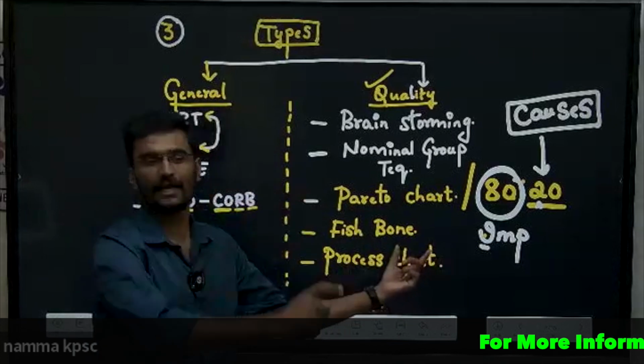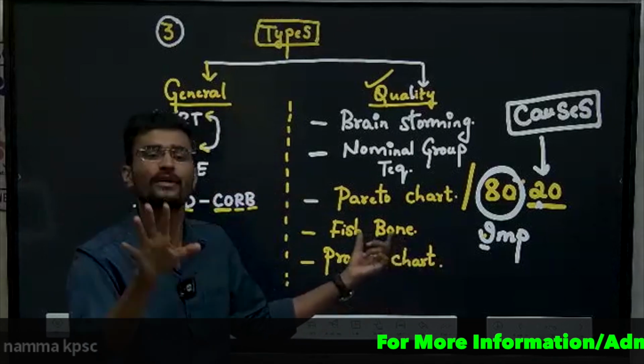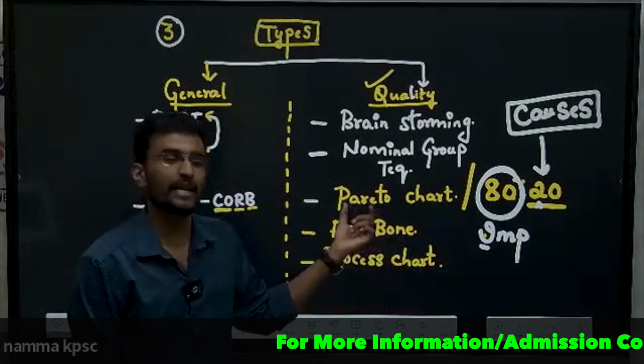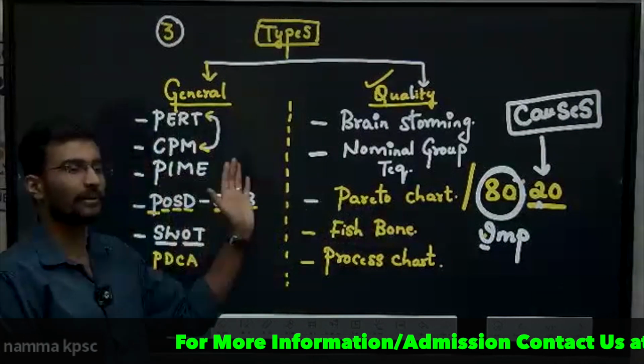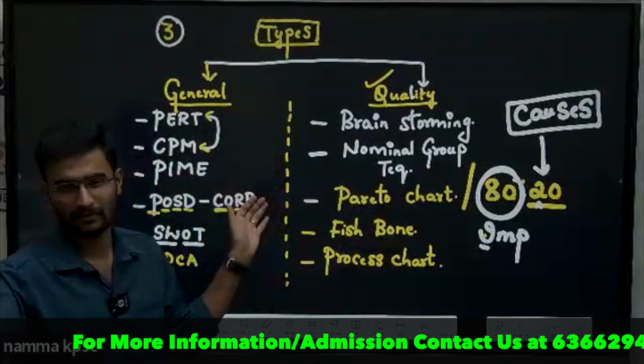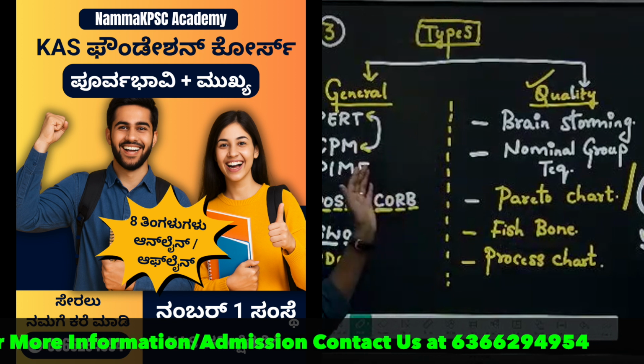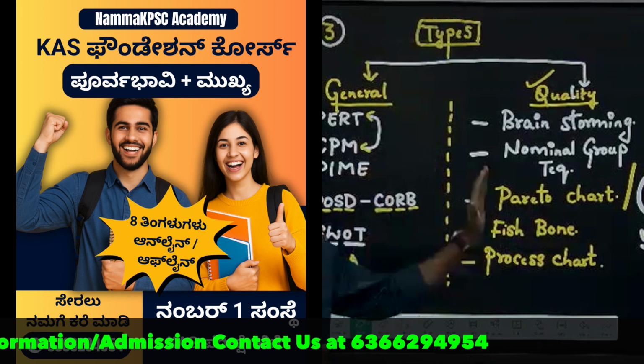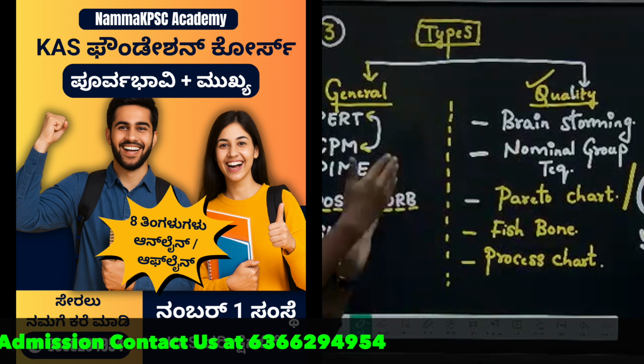If you still don't understand, take the example of history: how does the process go? Does medieval come after ancient, or ancient after medieval? There is a process, and this we call a process chart. Ancient, medieval and modern.